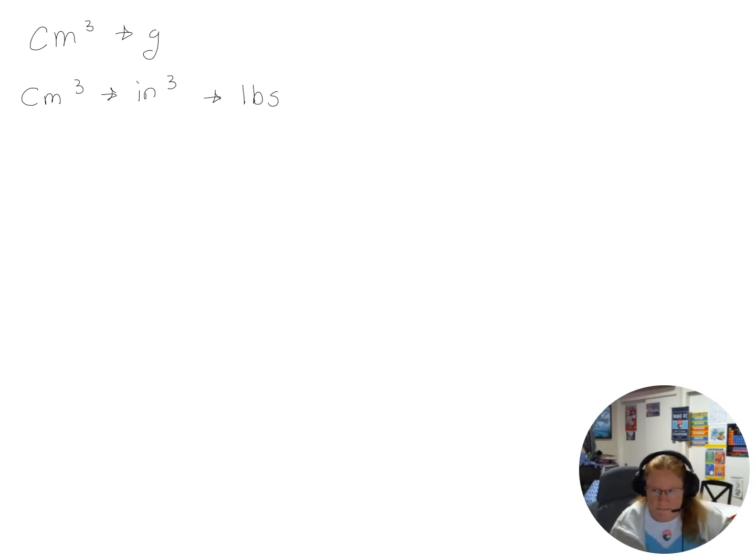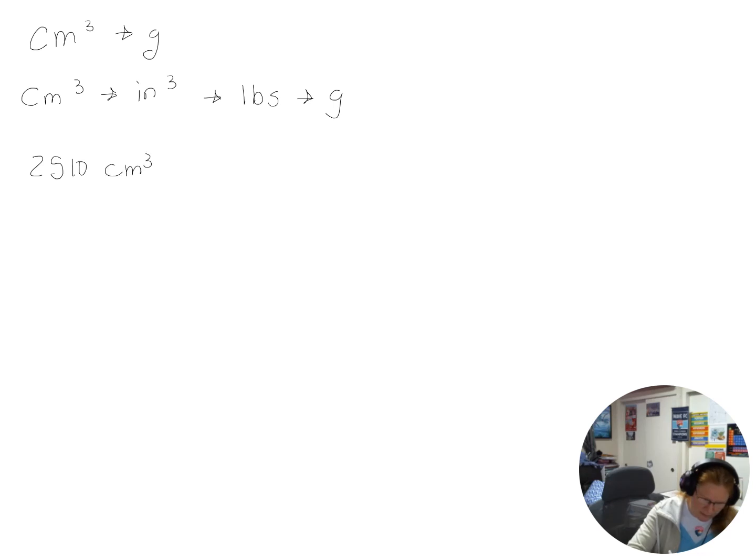The density was given in inches cubed, so our roadmap is to go from centimeters cubed over to inches cubed. Then from inches cubed, we go to pounds, because the density was given in pounds per inches cubed. But we asked for grams, so then we need to go from pounds over to grams.